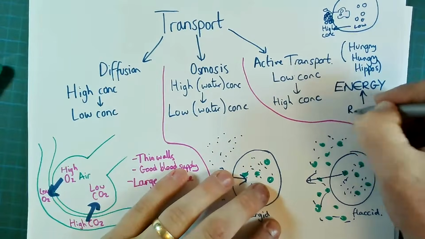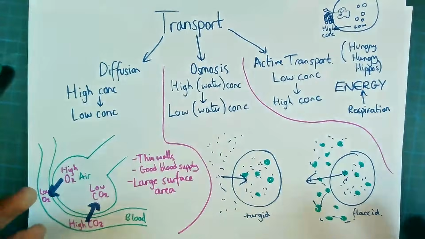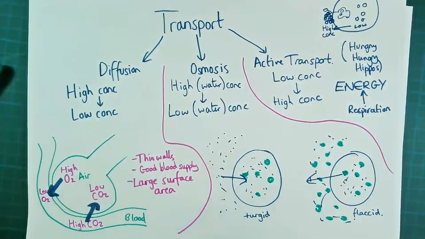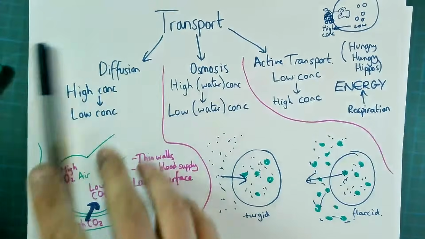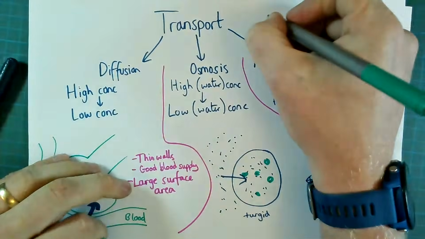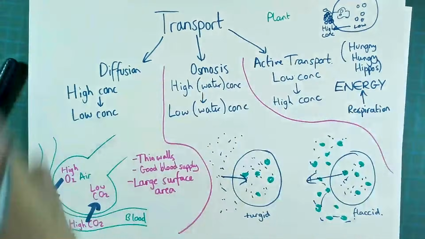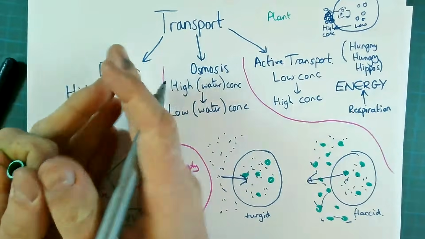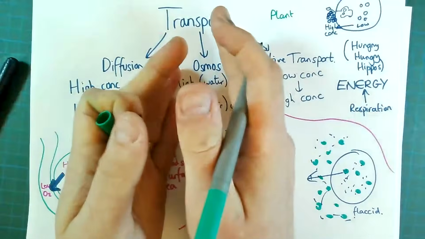It comes from respiration. So if you are a cell which wants to do active transport, you will have mitochondria in there. That mitochondria will provide you energy, and that means you can do it. Now, what kind of things do active transport? The big one they always like to talk about is plant roots. Plant roots will do all three, which is why they like to talk about them. They'll do diffusion for things which have a high concentration in the soil. Water will do osmosis.